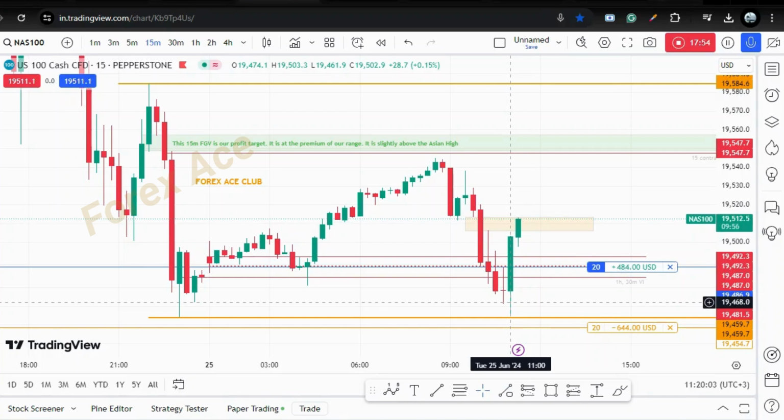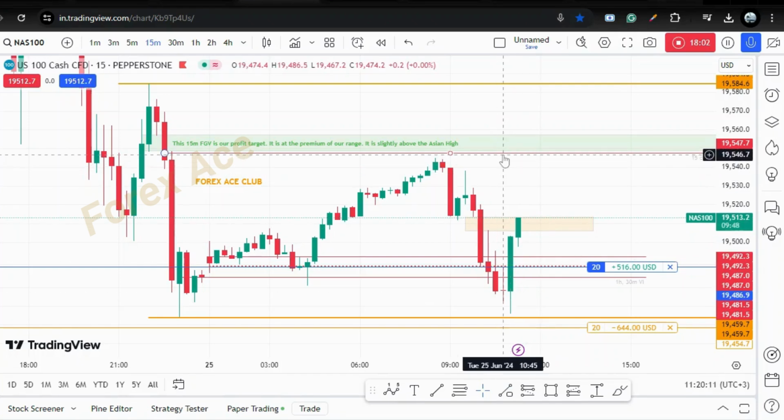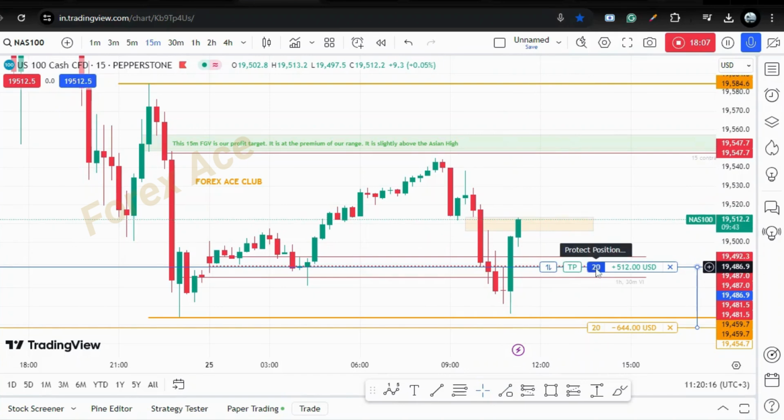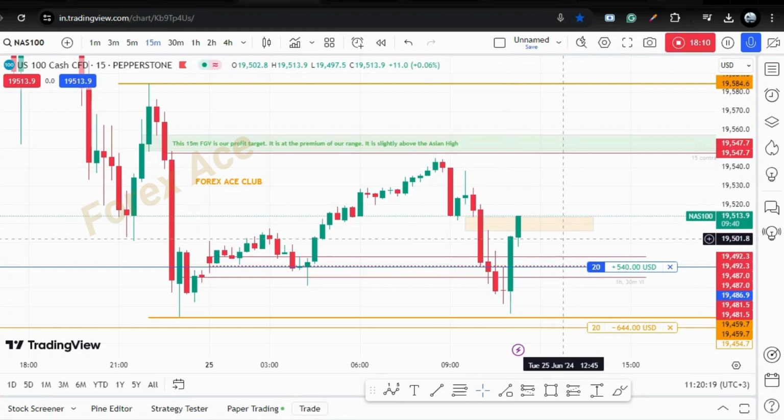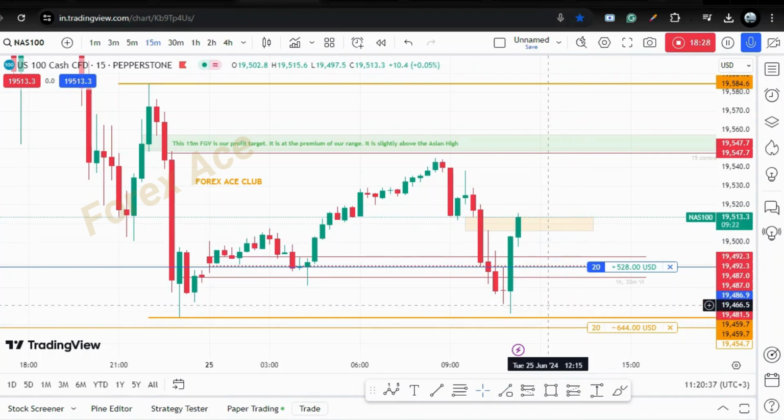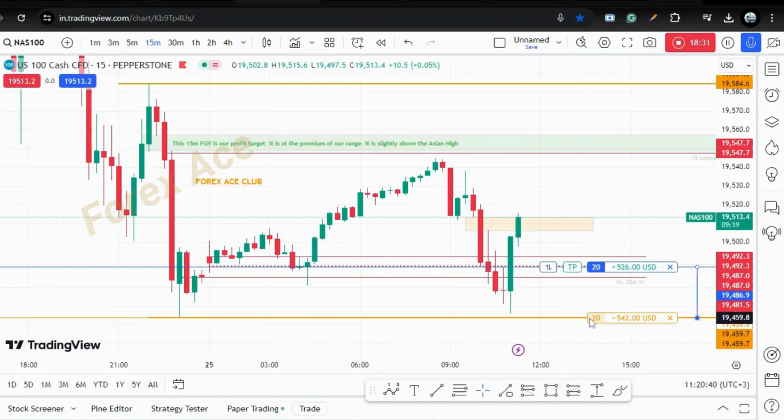So the trade is moving up beautifully. We're hoping to get to our profit target. Then we can remove 15 contracts from it. So I think I can now put my stop loss here.